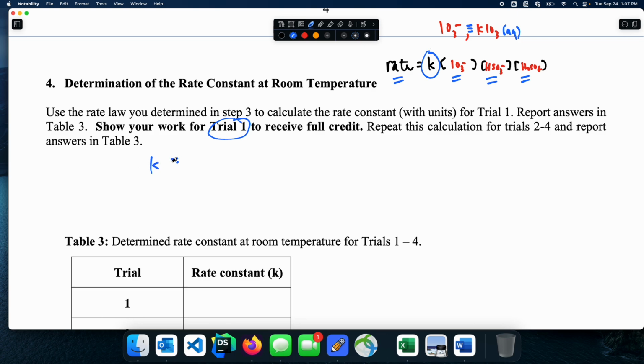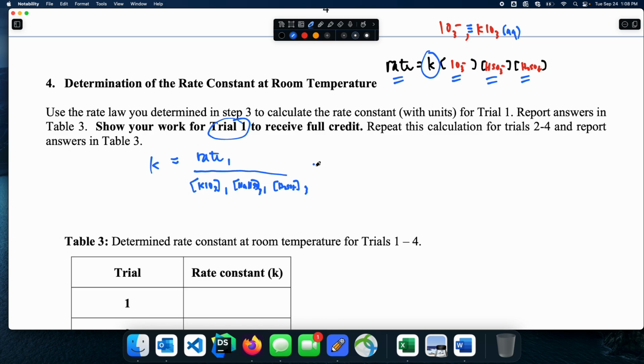So I'm going to say k is equal to the rate in trial 1 over the concentration of the first thing in trial 1, the concentration of the second thing in trial 1, and the concentration of the third thing in trial 1. I guess the third thing was potassium iodate. Yes, I just did it again. That was HSO3 and then sodium, or sulfuric acid. Okay, we've done this a couple times.